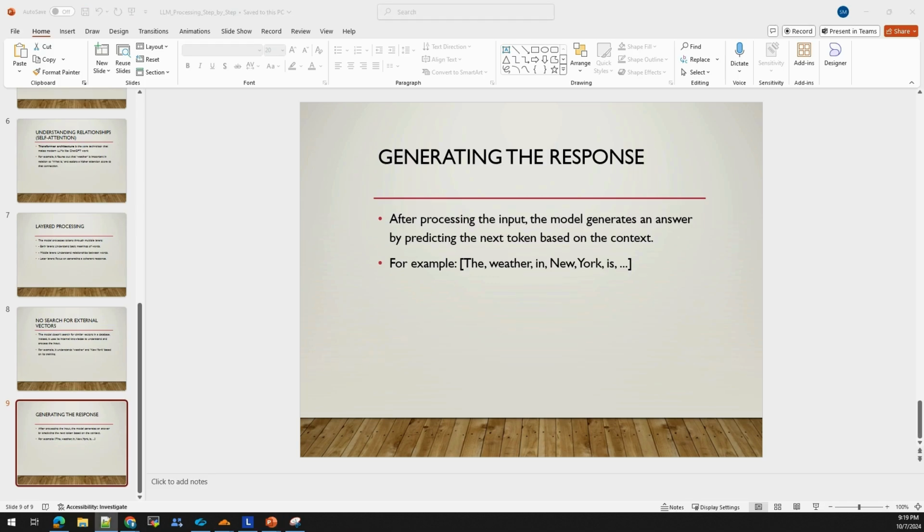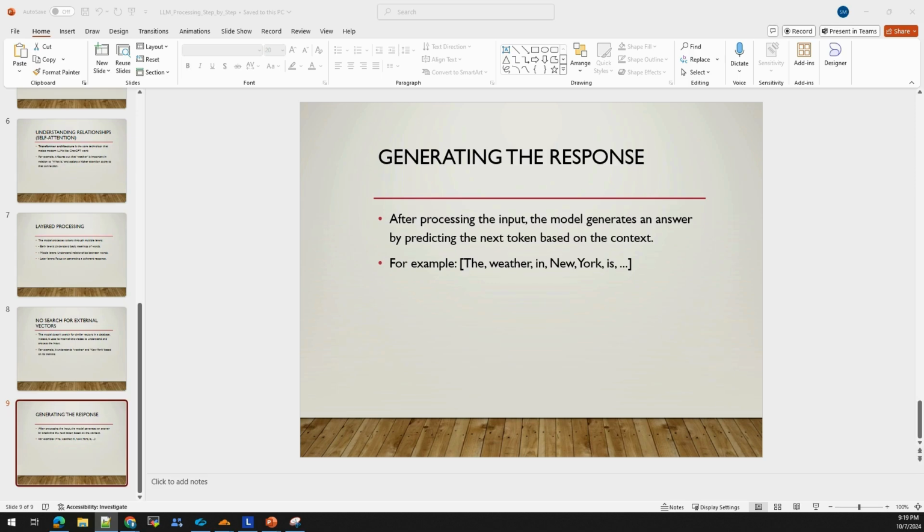So in conclusion, when you ask ChatGPT a question, it doesn't look for a similar answer from a database. Instead, it uses its transformer-based architecture to understand your question.